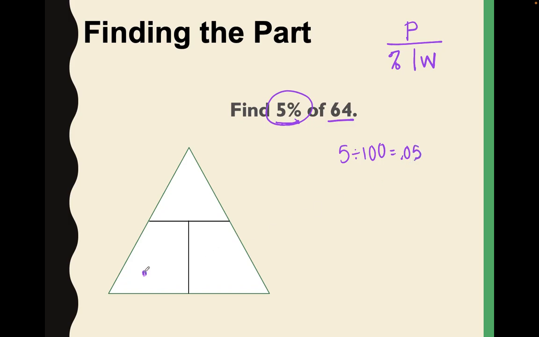When we put it into the triangle, we must put it in its decimal form. And since we are finding 5% of 64, that's our whole, and we're trying to find the part, which is x, or p, if you would like to leave it as p. To find the part, we multiply 0.05 times 64, which gives us 3.2.